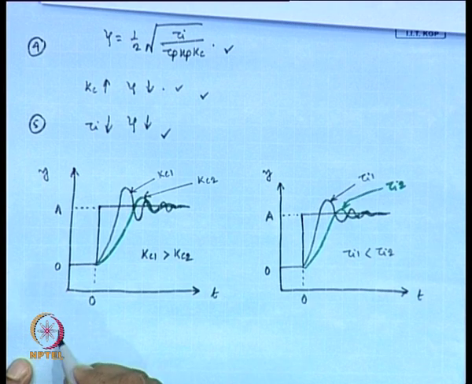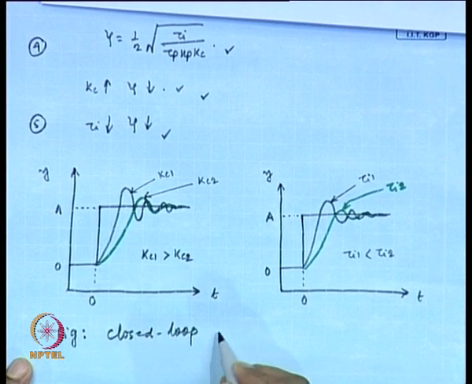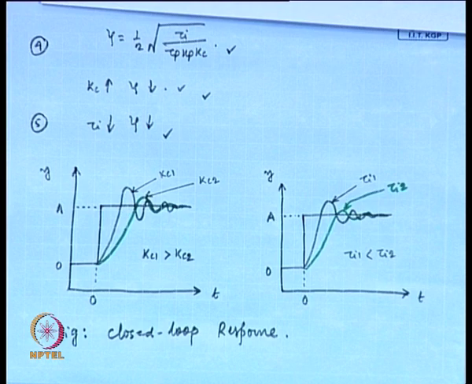So, first one is the closed loop response with the variation of Kc, and second one is the closed loop response with the variation of tau I. So, these 2 points 4 and 5 clearly say that we need to judiciously tune the values of Kc and tau I. So, we discussed the effect of proportional action and integral action on the closed loop response.